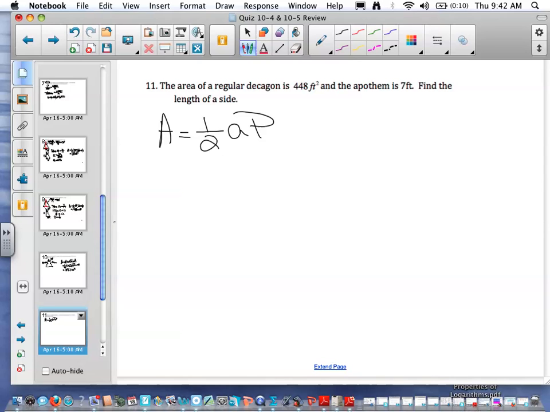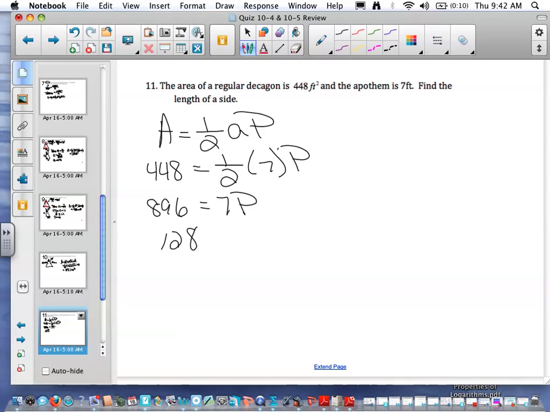Substitute in the values you know. 448 is equal to 1/2 times 7 times the perimeter. And to solve this, you can first multiply both sides by 2 and get 896 is equal to 7 times the perimeter. Divide 896 by 7, you get 128 is equal to the perimeter.